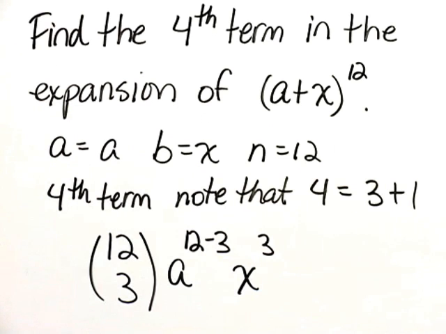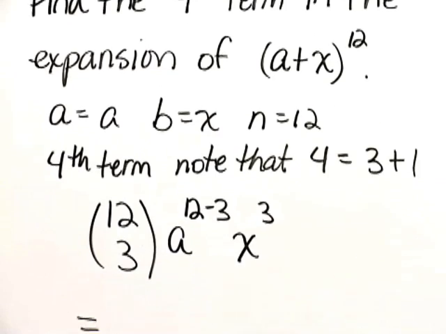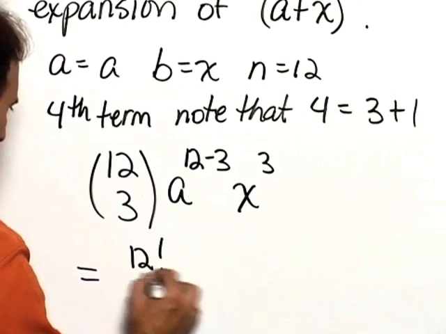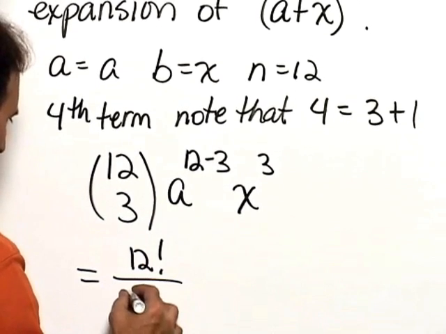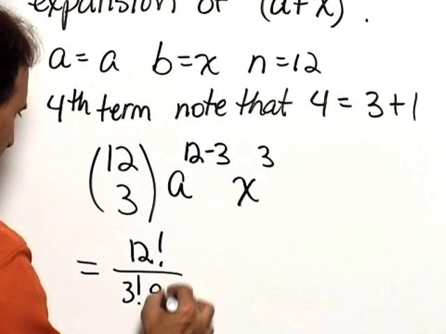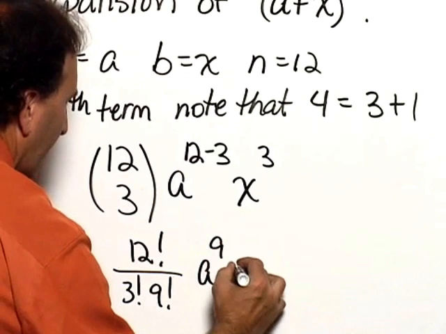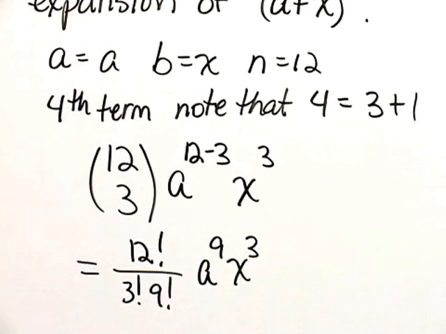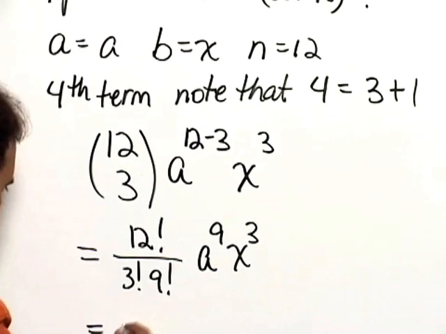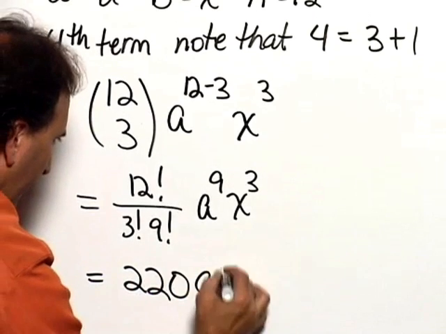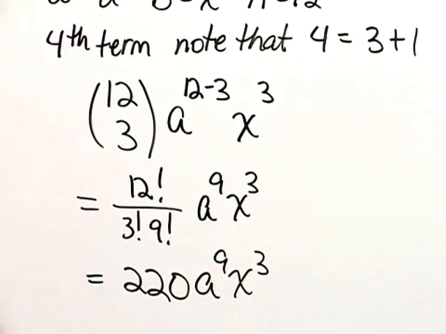And now evaluating, this would be equal to 12 factorial over 3 factorial times 9 factorial times a to the 9th x cubed. And when we evaluate 12 factorial over 3 factorial times 9 factorial, that works out to 220 a to the 9th x cubed.